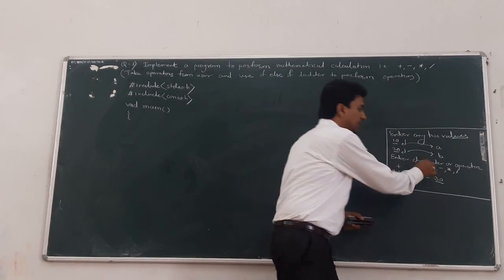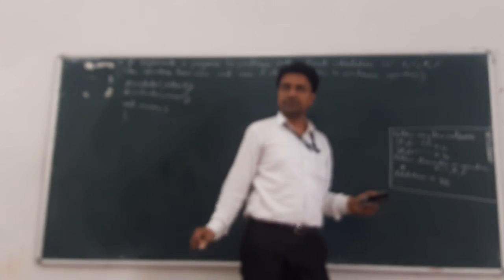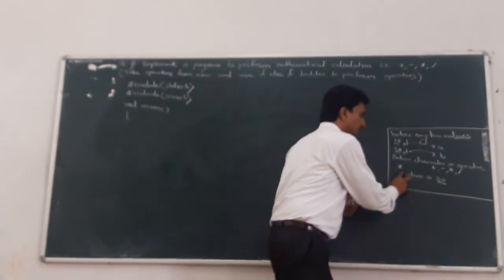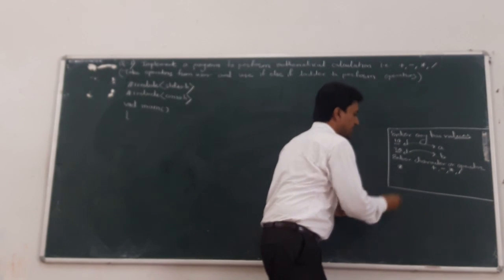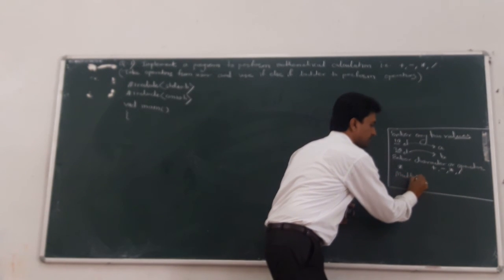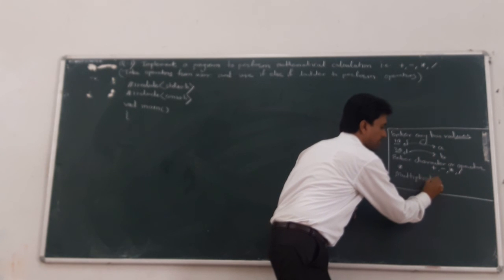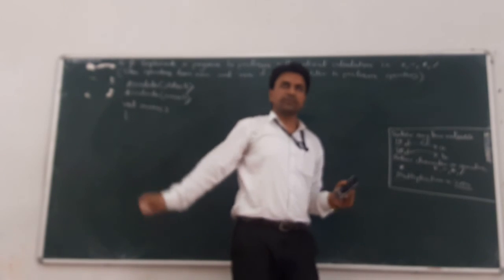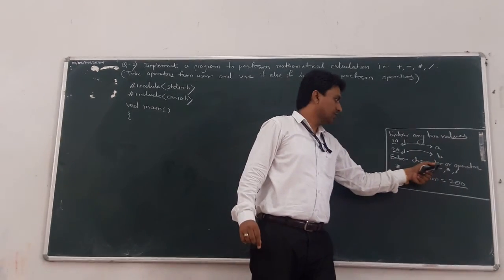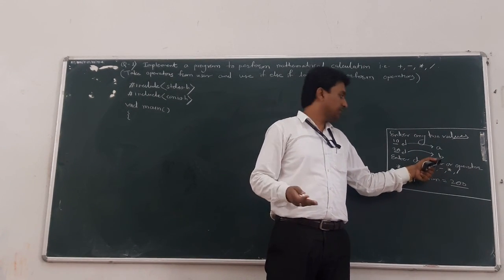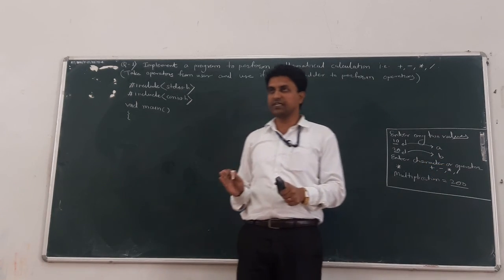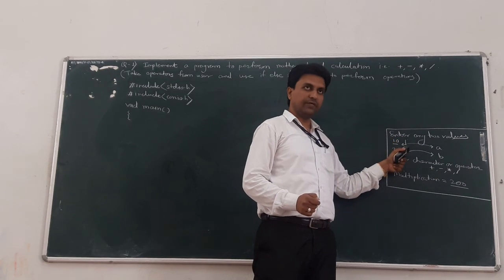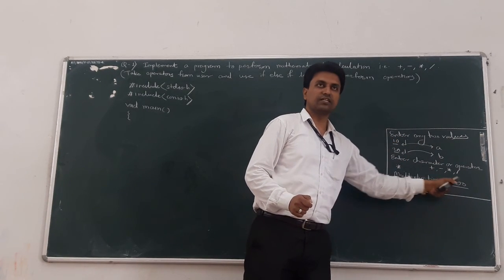Means if the user enters multiplication instead of plus, then the message is multiplication is equal to 200. Clear? Means as per what the user enters, plus, minus, division or multiplication, perform the operation on these two operands A and B and give the result.